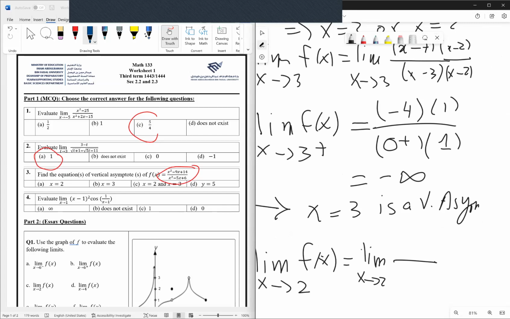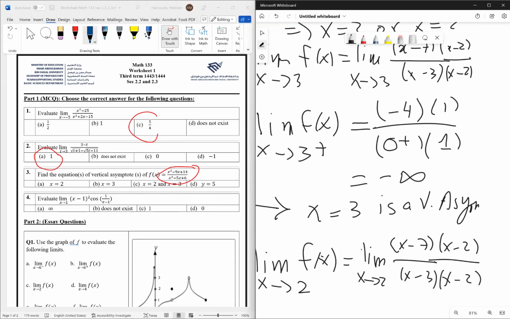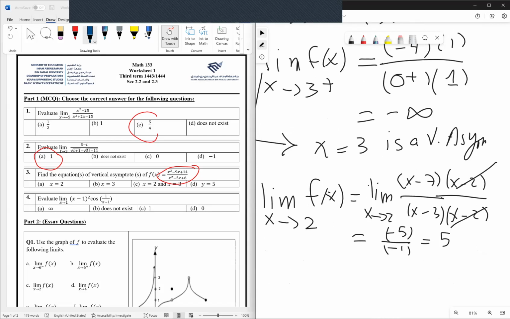So it's x minus 7 times x minus 2 over x minus 3 times x minus 2. And here we simplify by x minus 2. And now we substitute by 2. So 2 minus 7, that's minus 5. And 2 minus 3, that's minus 1. So the result will be 5. It's not infinite. So we conclude that x equal to 2 is not a vertical asymptote. This is a removable discontinuity.